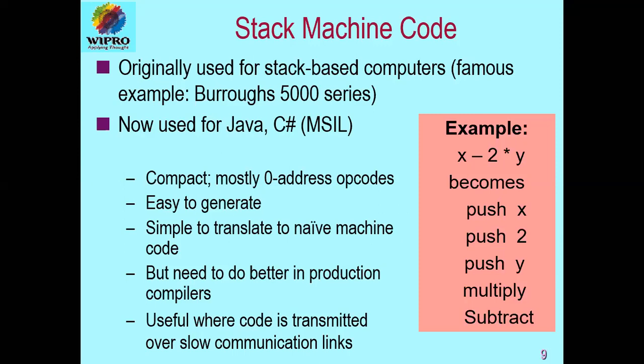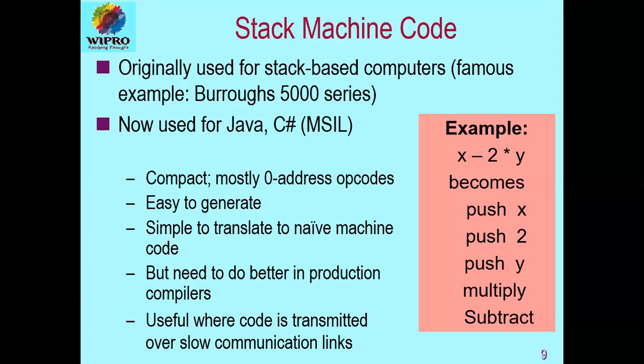What you do is push x, then push 2, and then push also the y. Then we apply the multiplication between 2 and y, and then we perform subtraction between x and 2 into y. So after the operations, the result, x minus 2 into y, is on the top of the stack, right?